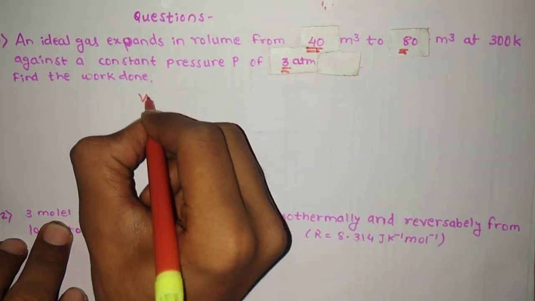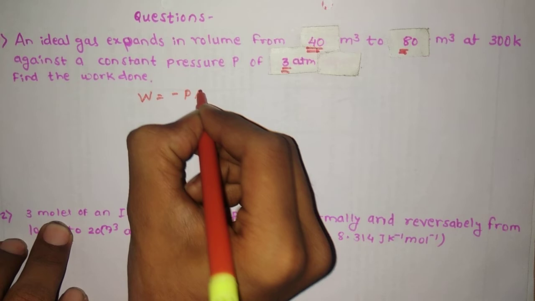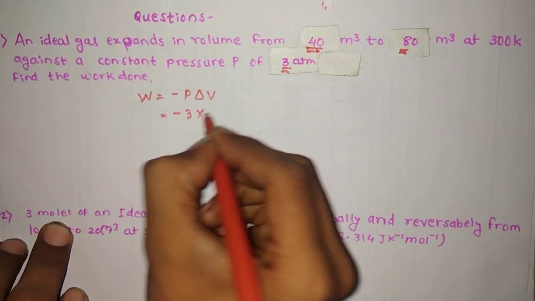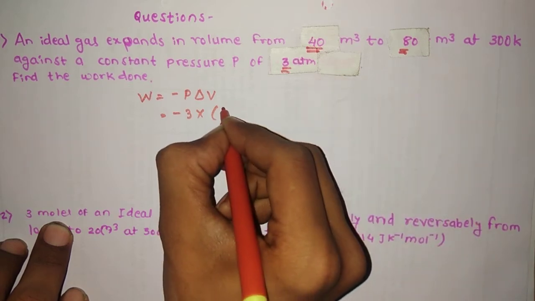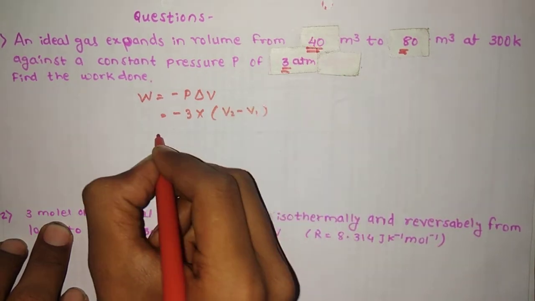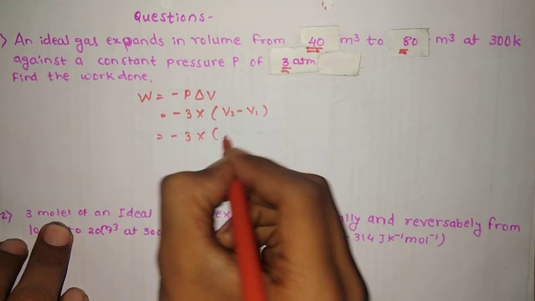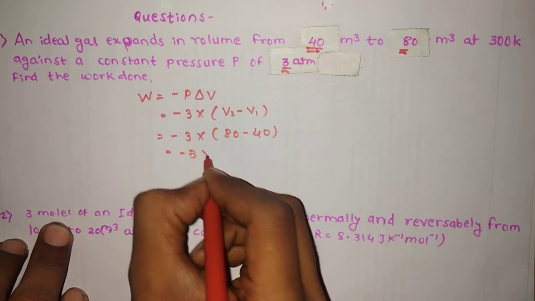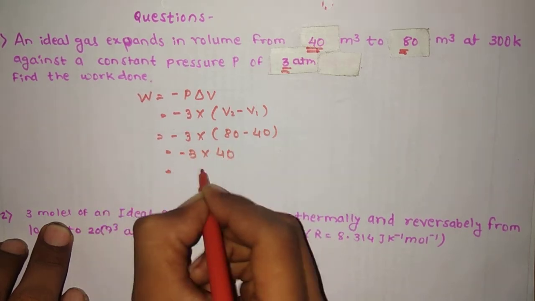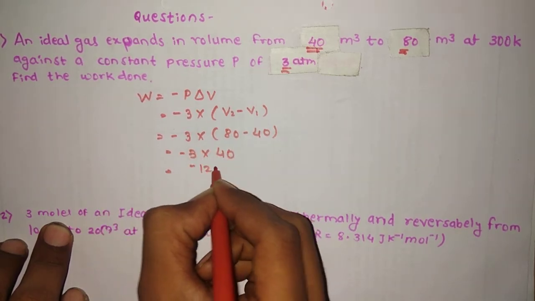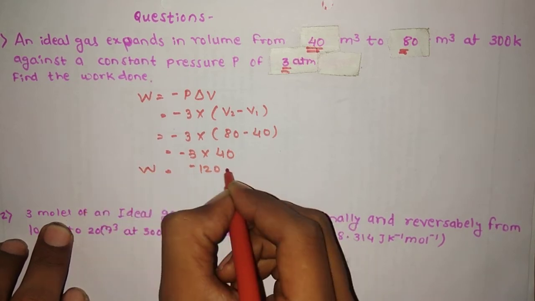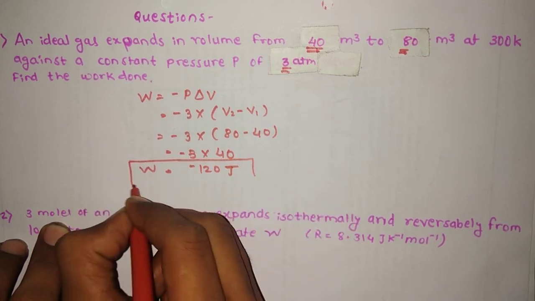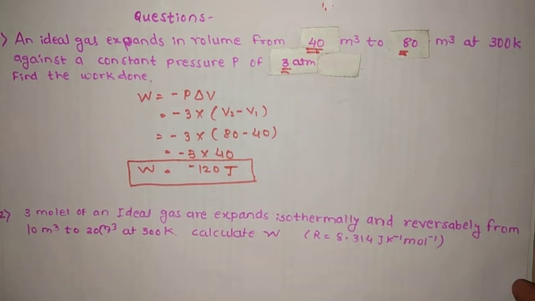We know that work done equals minus P del V. Put the value of P as 3 into del V, which is V2 minus V1, so minus 3 into 80 minus 40, minus 3 into 40, we get minus 120, and the unit of work done is joule. So the answer of this question is 120 joule.